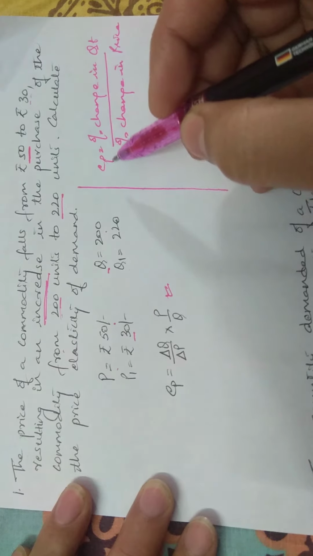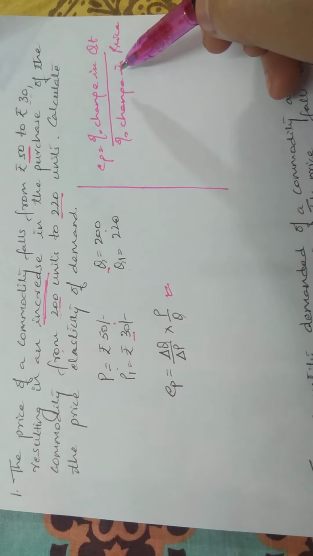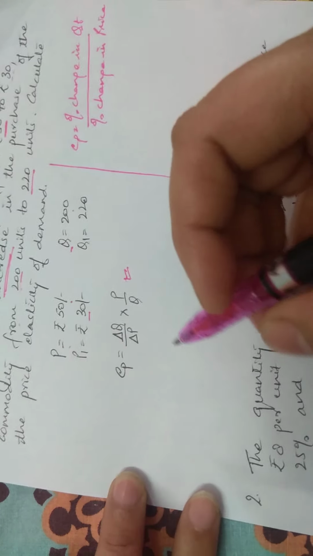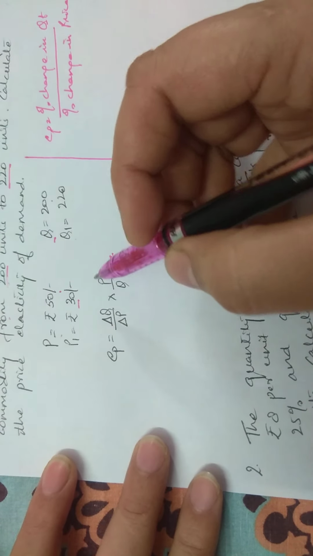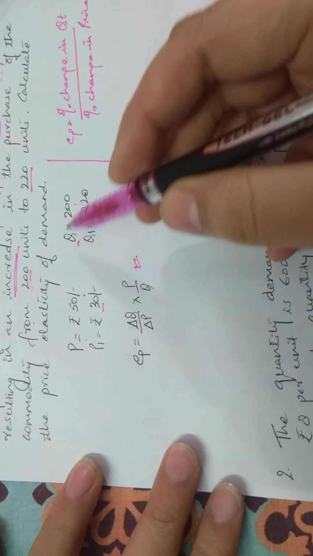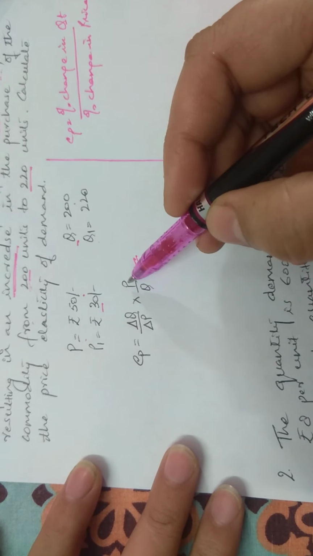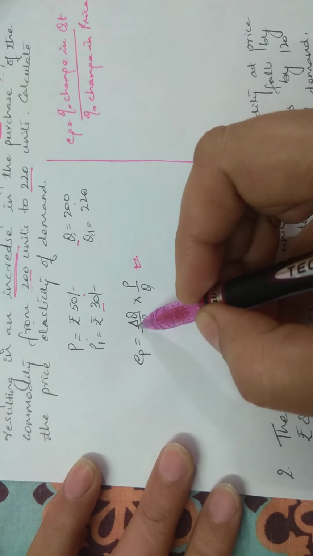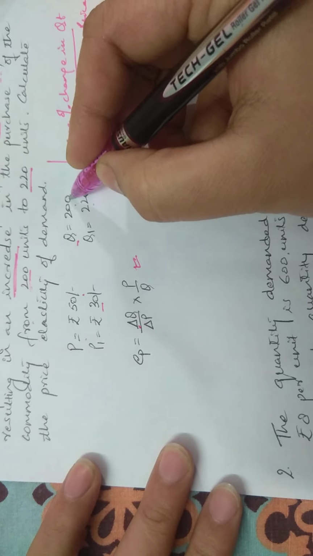Now, in order to calculate the price elasticity of demand, you must write down this formula. After writing this formula, from these values calculate delta P, delta Q, and the initial price and quantities are given. Now here change in quantity, that is delta Q, is 220 minus 200.